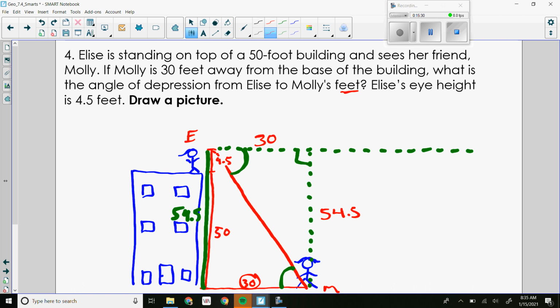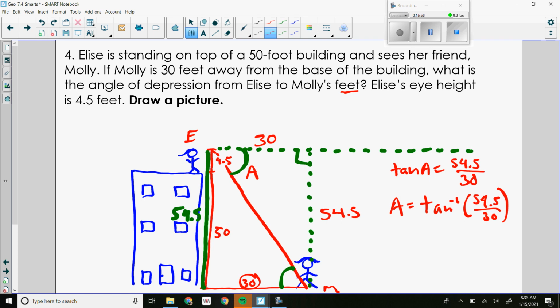The 30 is the adjacent. So again, we're using tangent. We can say tangent of that angle, I'm going to call it angle A. Tangent of A equals 54.5 divided by 30, or A equals the inverse tangent of 54.5 divided by 30.